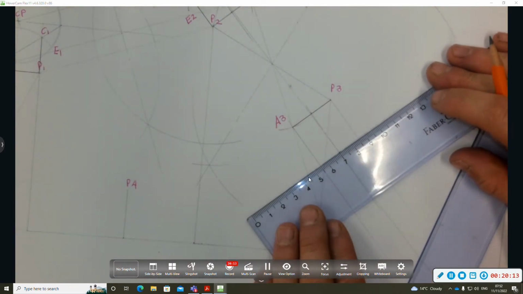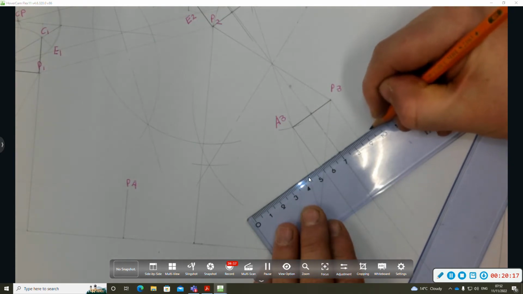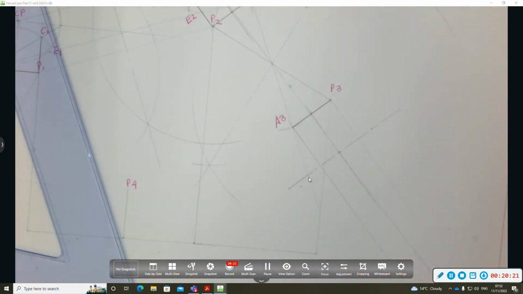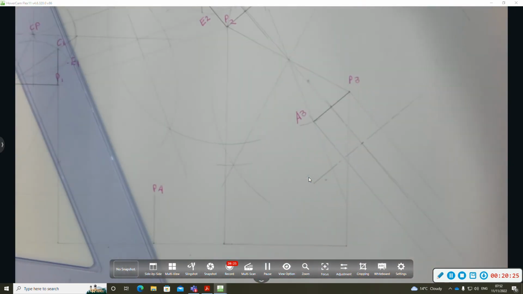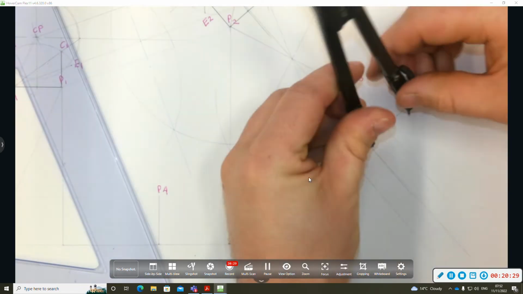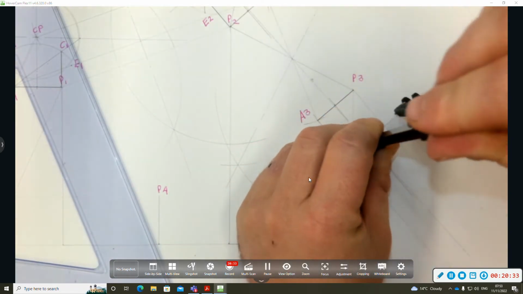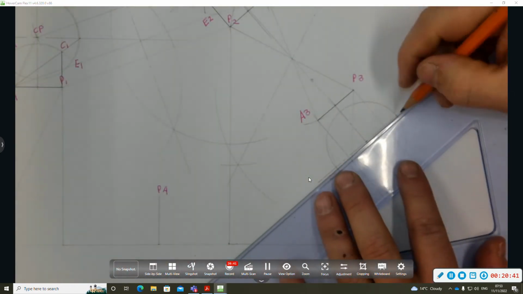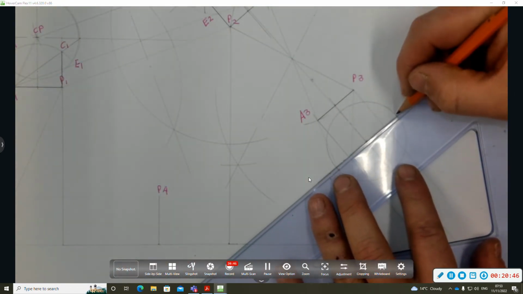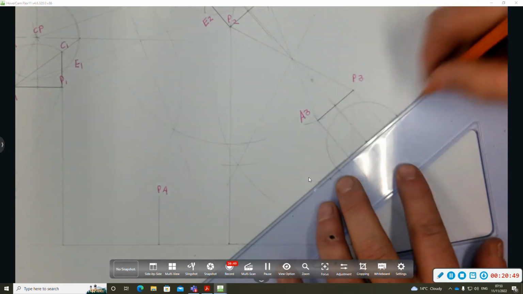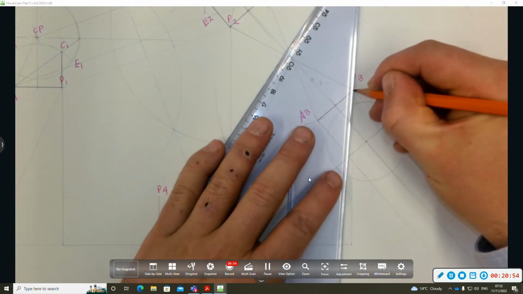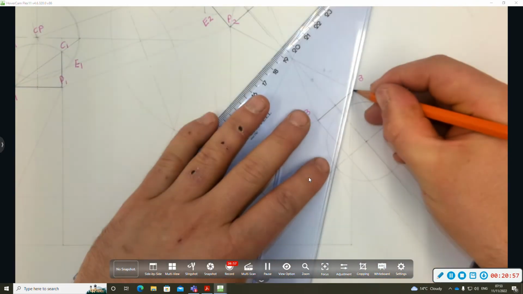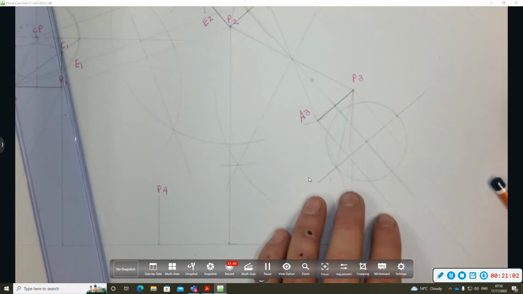So I'm going to redraw in the shape now. I'm going to join P3 in a moment to the middle right of the circle.